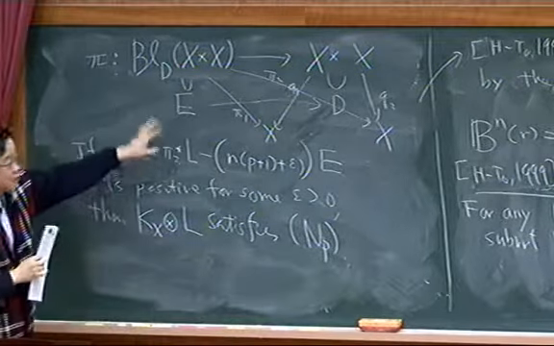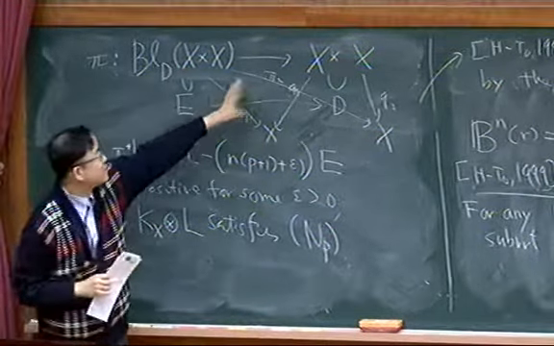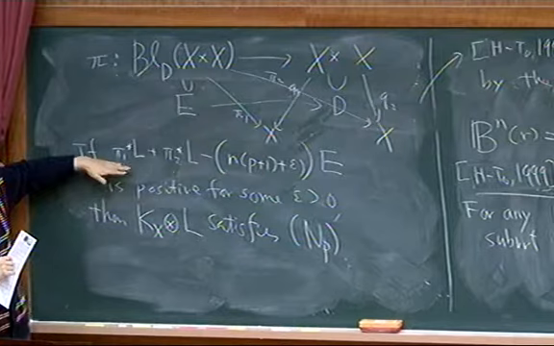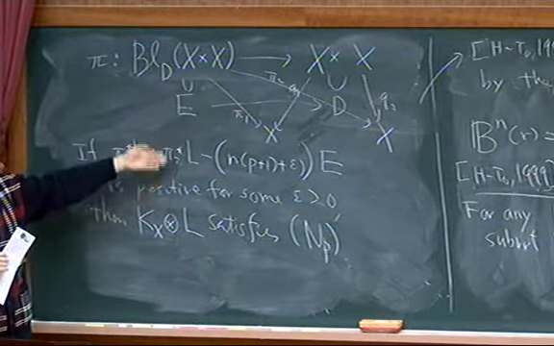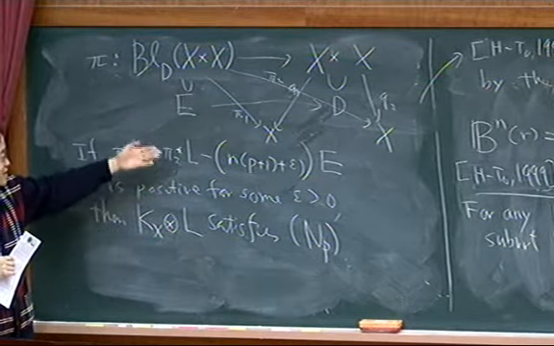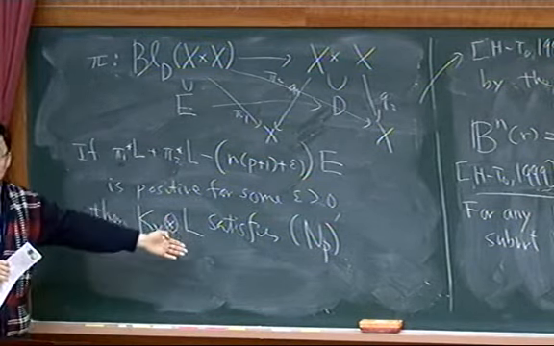So that is the numerical condition. It's somewhat geometrically complicated, but still the condition is numerical in the sense that it's positivity of a certain cohomology class. So if we check this, then it gives the NP property.